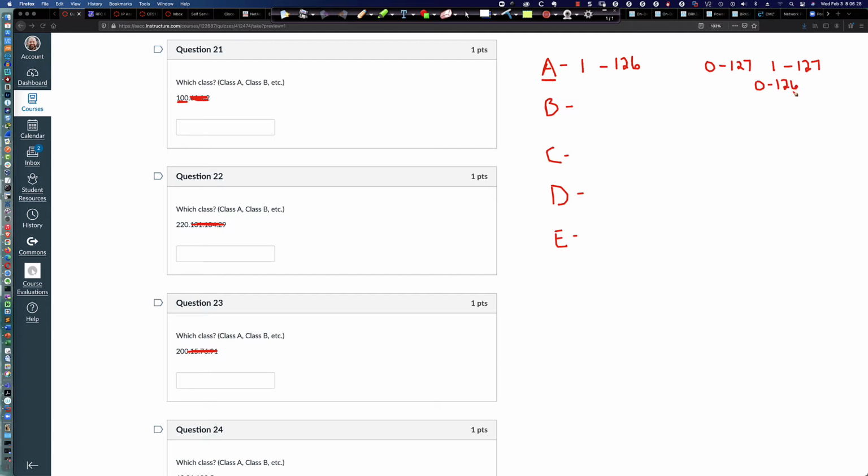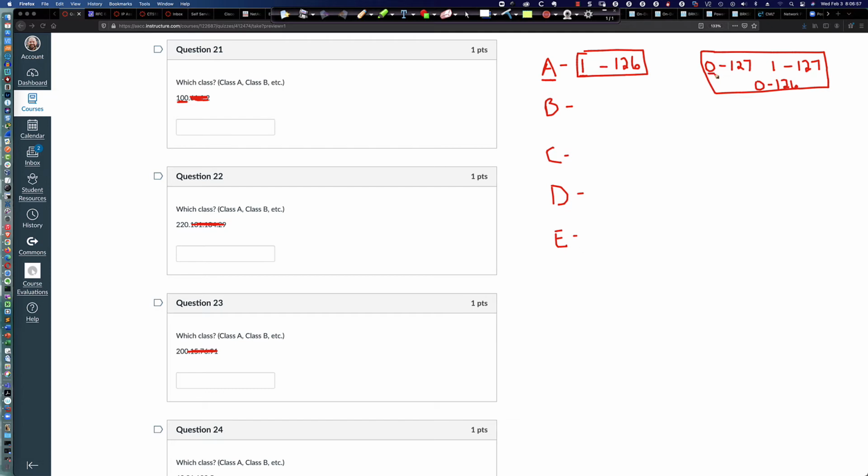Now, the reason that you might see these other representations is because of the confusion around the lowest value that we can have in a Class A address. If we're talking about usable, in terms of assignable, not reserved addresses, the values are 1 to 126.